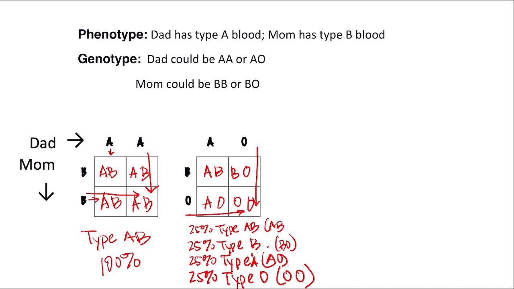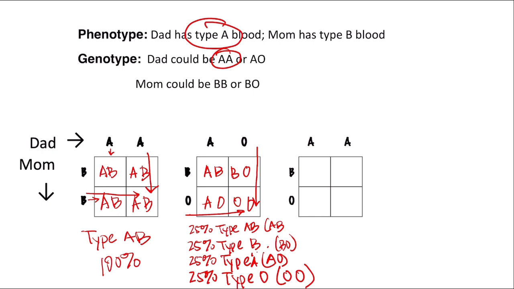So there's a 25% chance of having each one of these types for each child. Remember, these are the genotypes, and these are the phenotypes. The genotype possibilities are AB, BO, AO, and OO, and the phenotypes are type AB, type B, type A, and type O blood.